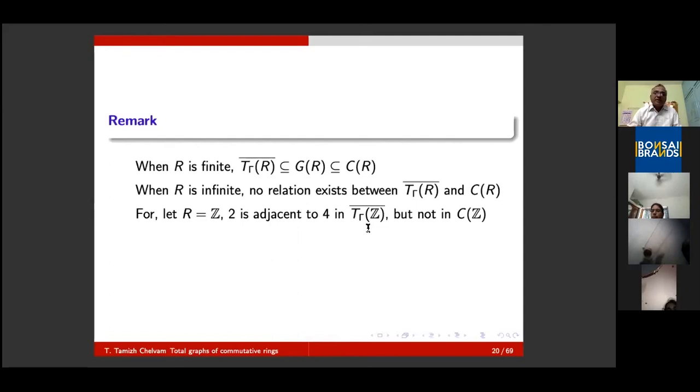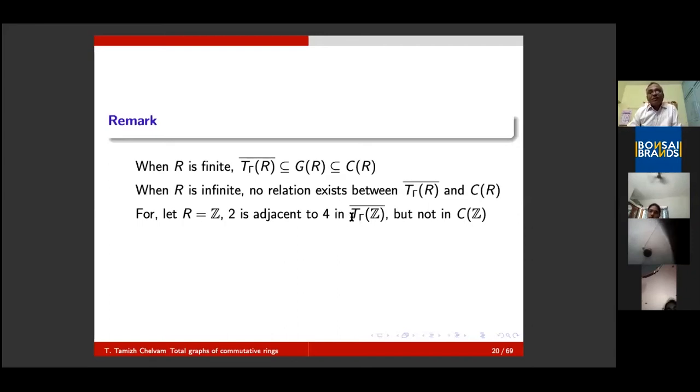Naturally, when it is not a zero divisor, it is a regular element. So in the complement, two elements are adjacent provided their sum is a regular element. 2 plus 4, that is 6, is a regular element in Z. Therefore, they are adjacent in the complement of the total graph of Z.